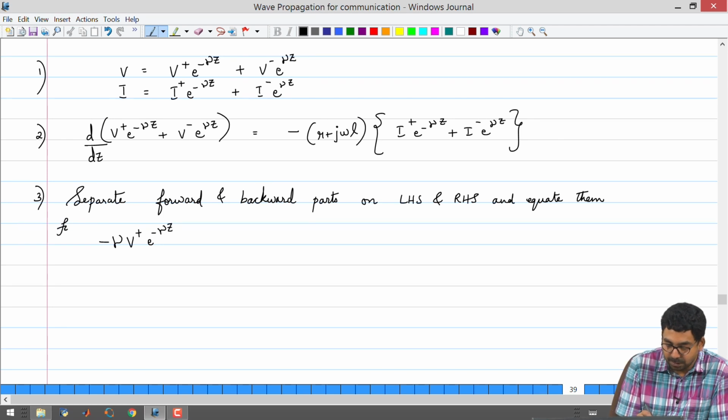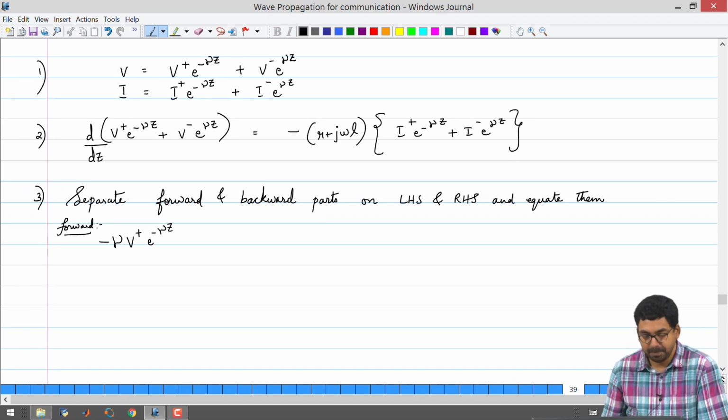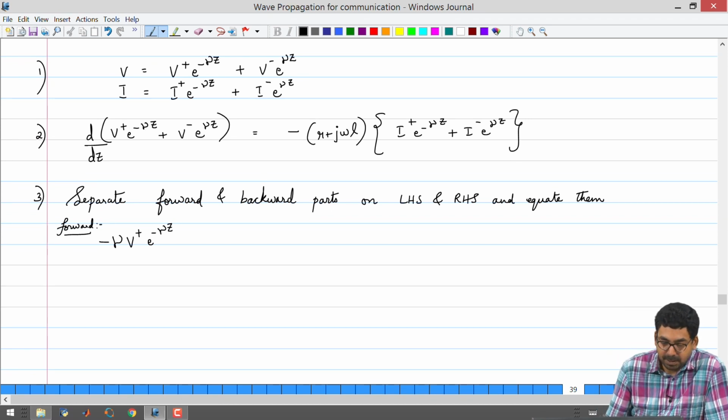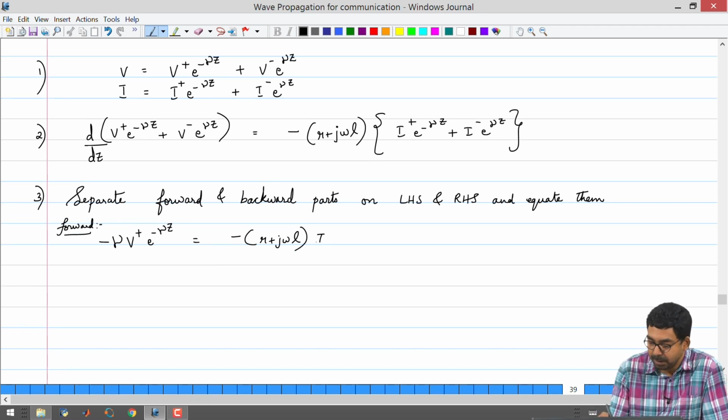So, I am just using forward term now. Okay. It is going to be equal to, on the right hand side, minus R plus j omega L times I plus e to the minus gamma z.